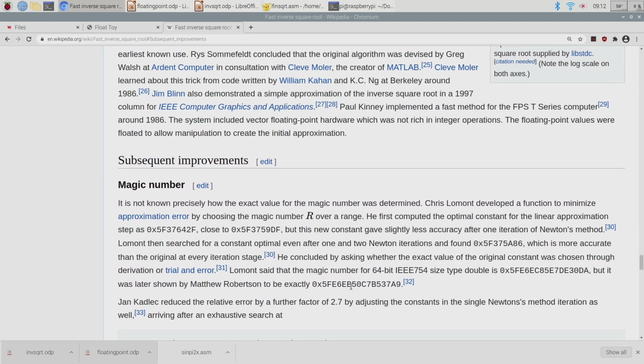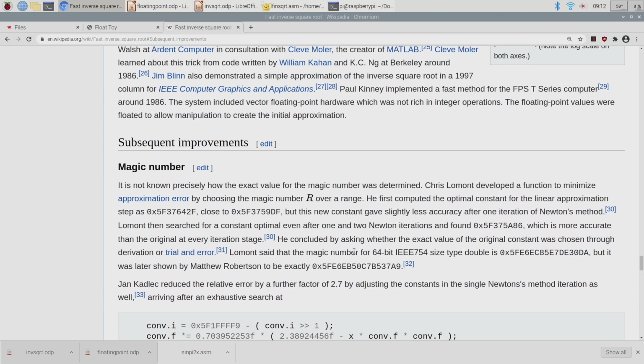Yeah, here we go. So either one of those two numbers, the 5FE6 blah blahs, those two. The exact value, the best you can get it, is this one here.